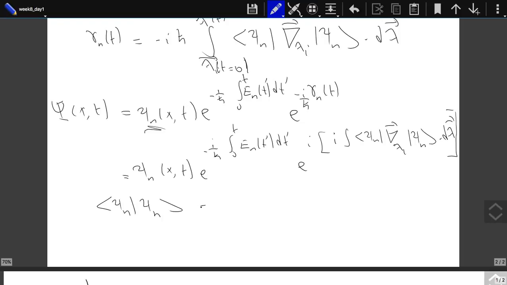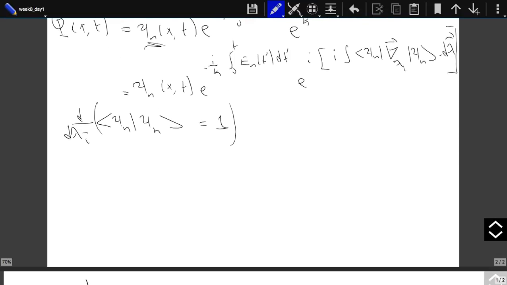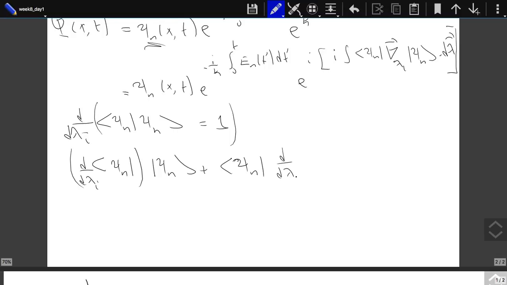Psi n star psi n, we know that this is 1. It's just normalization. Whatever the value of lambda is, whether lambda is time dependent or not, it should be 1. So if you just take the derivative with respect to lambda i, you should get 0. So d by d lambda i of psi n star psi n, that is d by d lambda i of psi n star times psi n plus psi n star d by d lambda i psi n, this should be equal to 0.